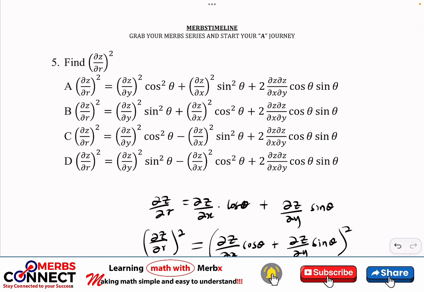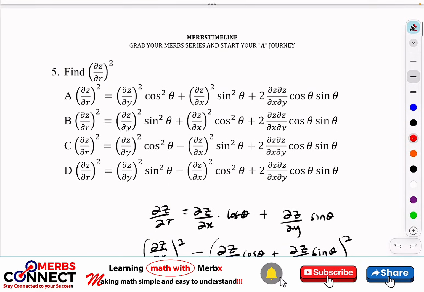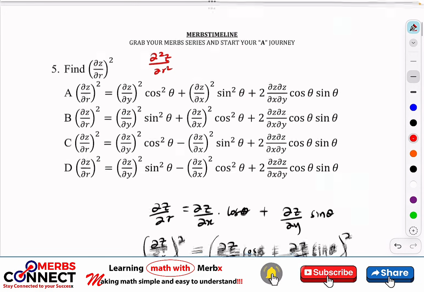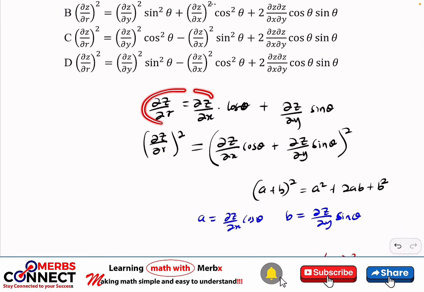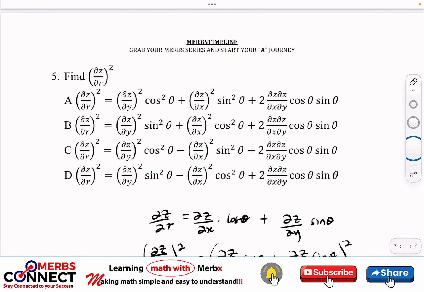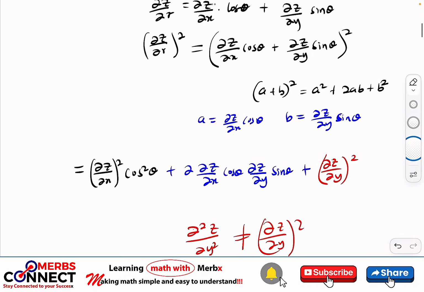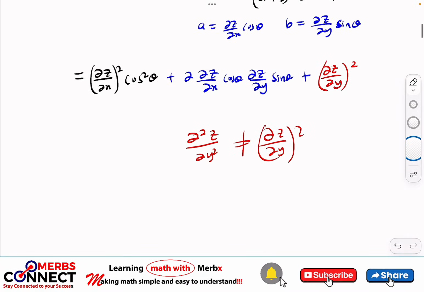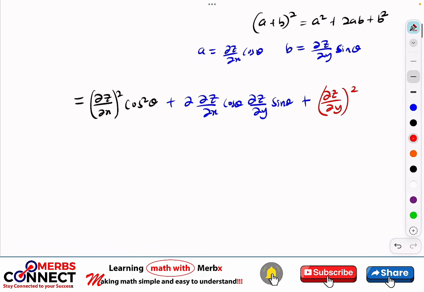No. But if this question was partial squared of z divided by r squared, then what it means is we need to differentiate the function again. So pay attention with the symbols and everything in advanced calculus. Very, very, very important. Okay. So now when I square this one too, I'm going to have sine squared theta.